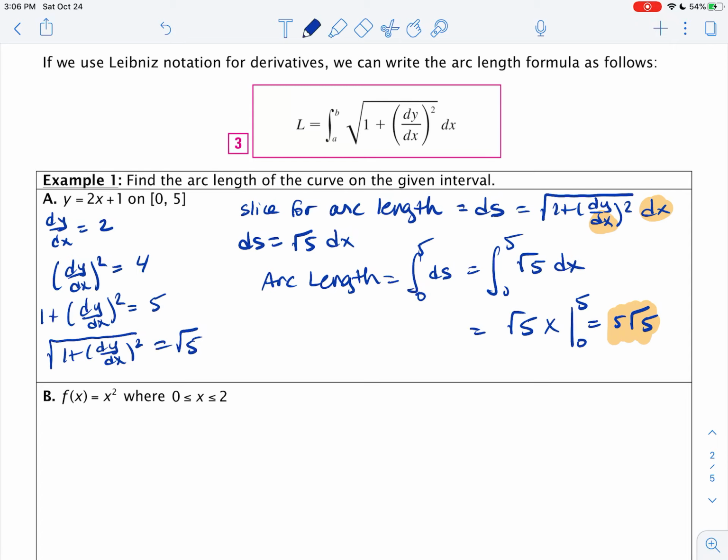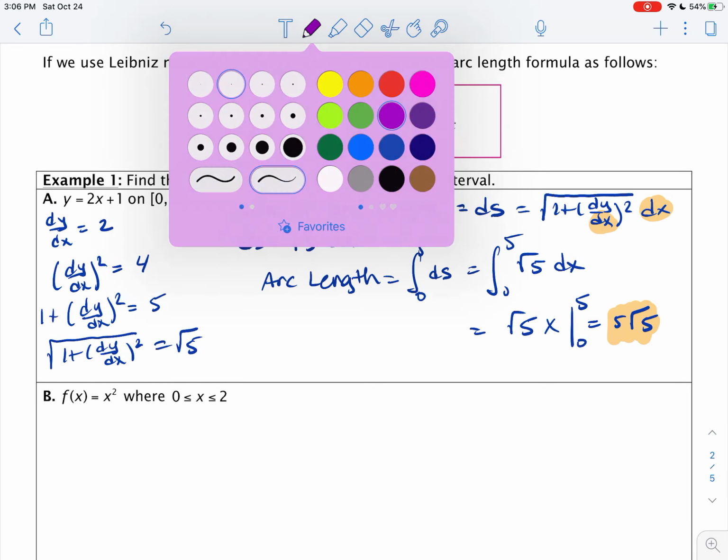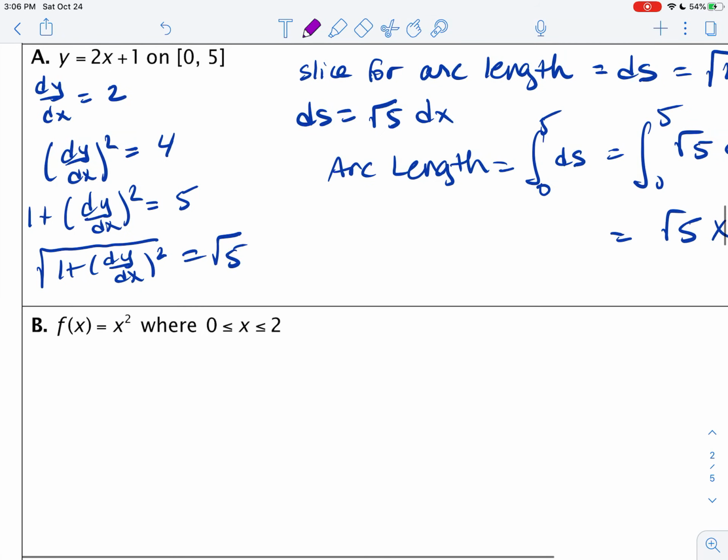Okay. In the second example, in the interest of time, I'm just going to set it up and then mention how it could be calculated. All right, so again, let's just follow the procedure for building the ds, or building the arc length slice. Here we do have f of x, and we can use that f prime of x notation if you would like. So my f prime of x is 2x, and then I'm going to square it.